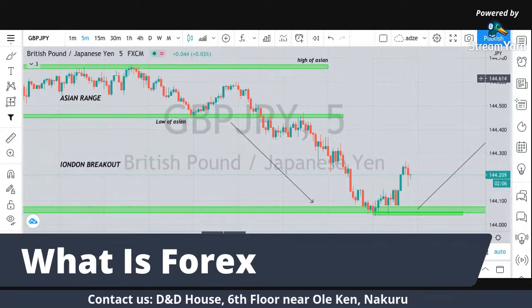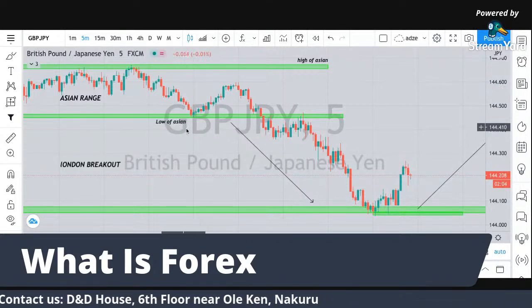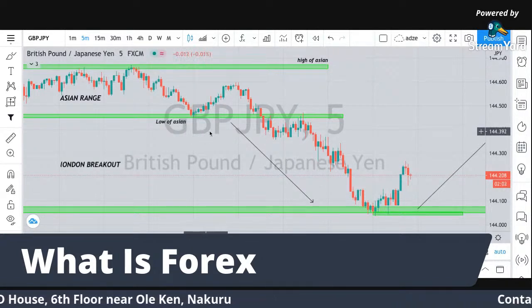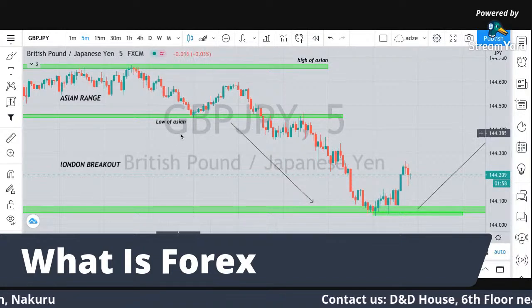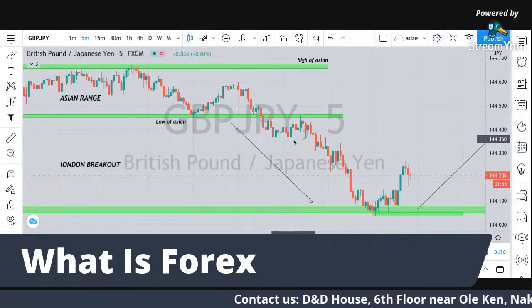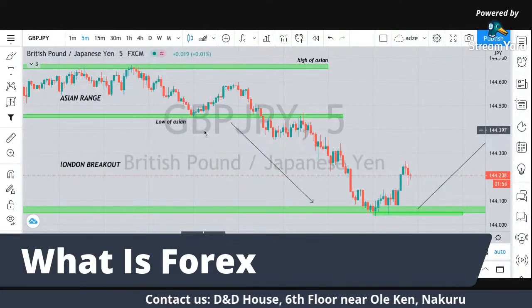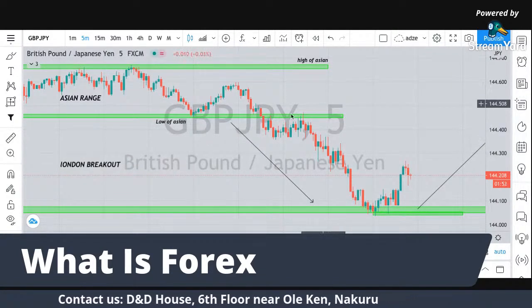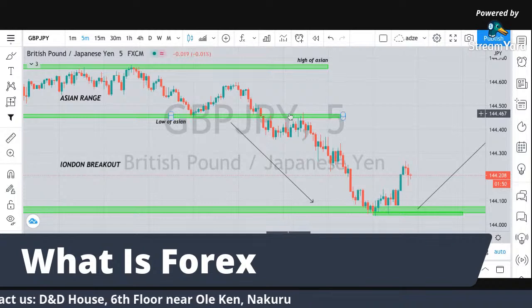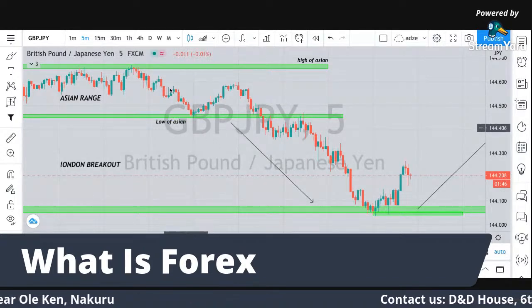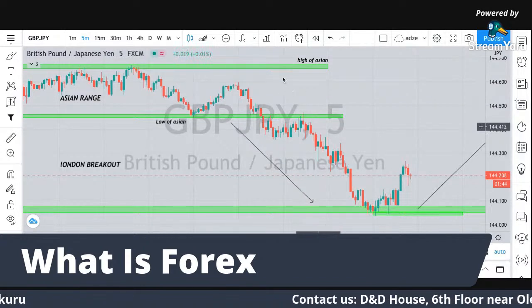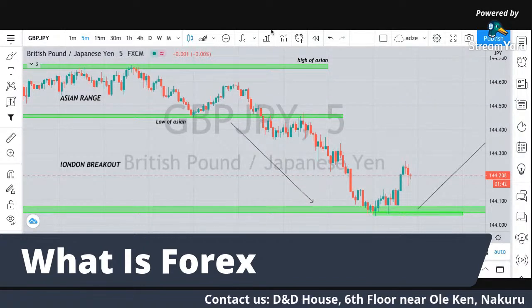GBP/JPY, like this one, is the Great Britain pound against the Japanese yen. If we decide to buy this one, we're going to buy the British pound and sell the Japanese yen. This is the base currency, this is the quote currency. So that is the currency pairs.